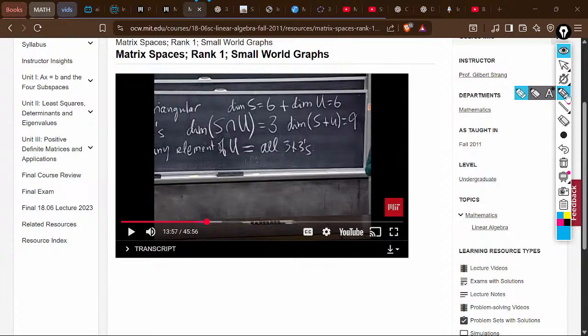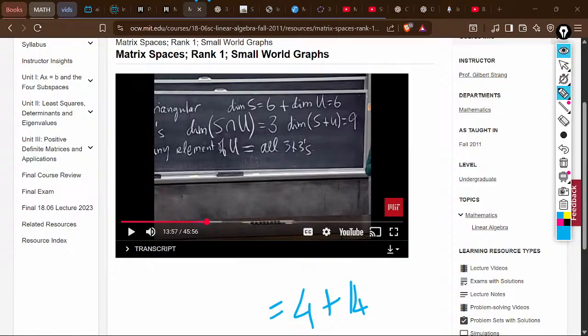A 4x4 would be... The dimension of the summation of upper triangular and symmetric matrices would be 16, because that covers the entire span. And the intersection would be 4.